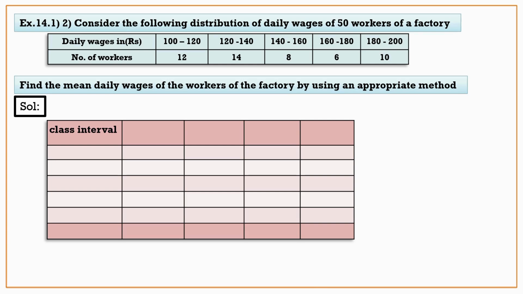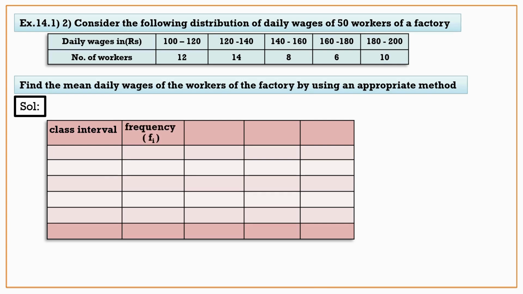But one thing you have to keep in mind: as explained in the formula, it involves the class width. So if your class width is not the same in all the class intervals, then you can't apply this step deviation method. Then we apply the assumed mean method. So whenever we have a large value and the class width is the same, then we apply the step deviation method.